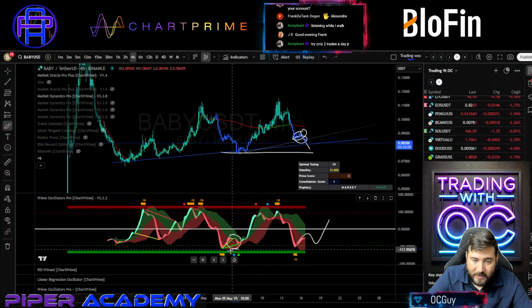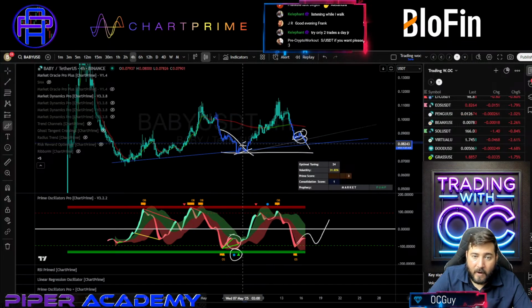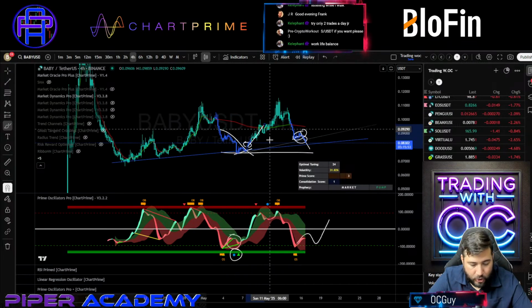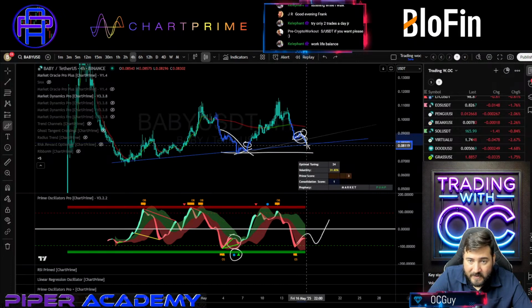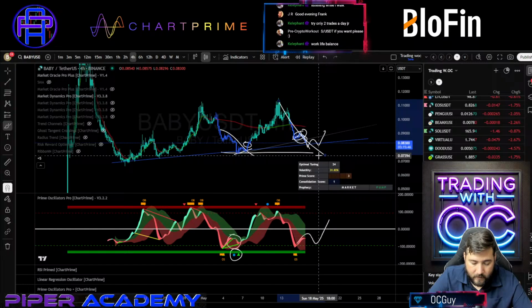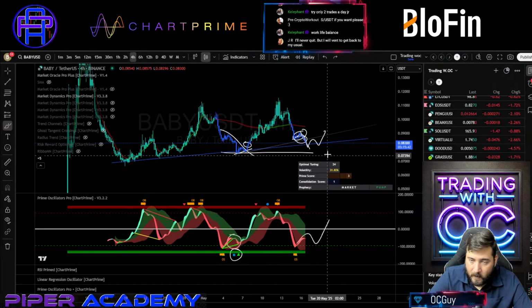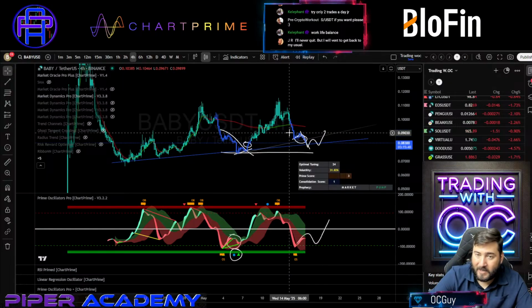I want to see those reversal signals, higher high, then off we go with that pierce through. If that happens, that's going to be my entry. But so far we cannot predict that.